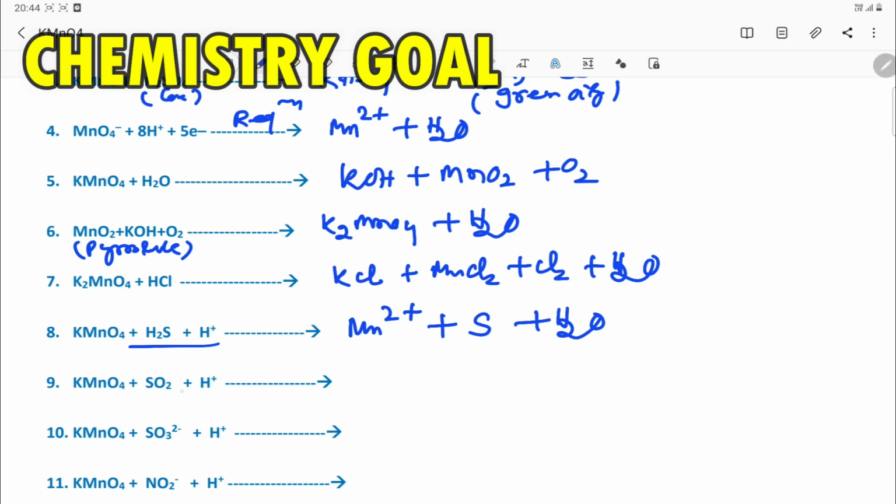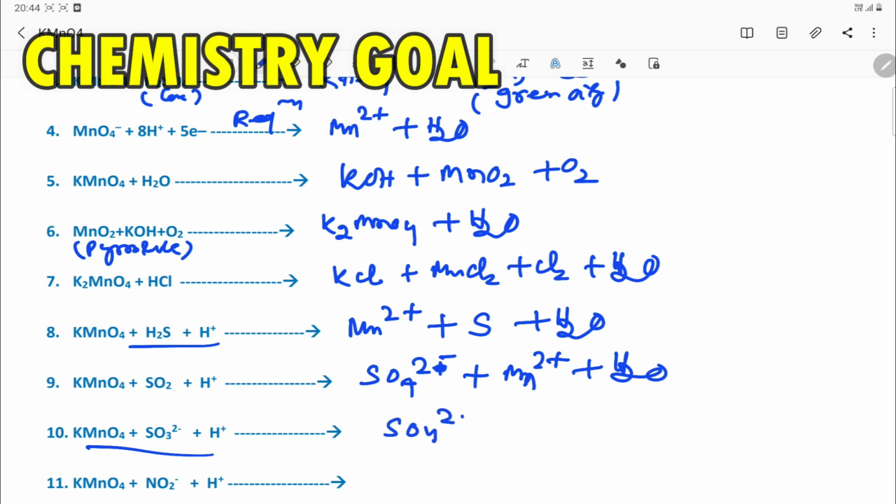Similarly, potassium permanganate oxidizes sulfur dioxide to sulfate ion, itself converting to manganese ion, with water. This is an oxidation reaction of potassium permanganate. Similarly, it oxidizes sulfide to sulfate ion, converting to Mn2 plus ion and water.